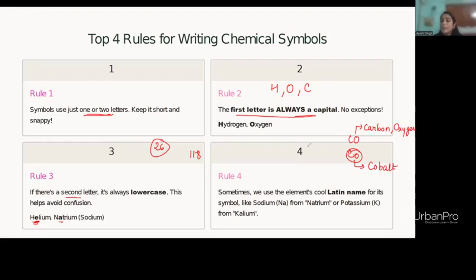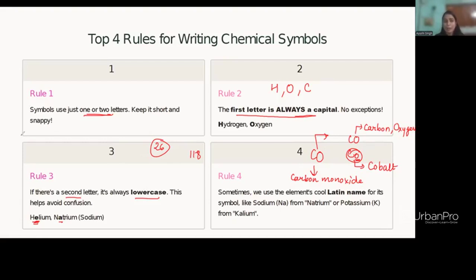Now, if I write the second letter of cobalt as a capital, it will become carbon monoxide again. So this can create a lot of problems for scientists or anybody dealing with chemistry. That's why we have come up with lowercase for the second letter. I hope this is clear so far.